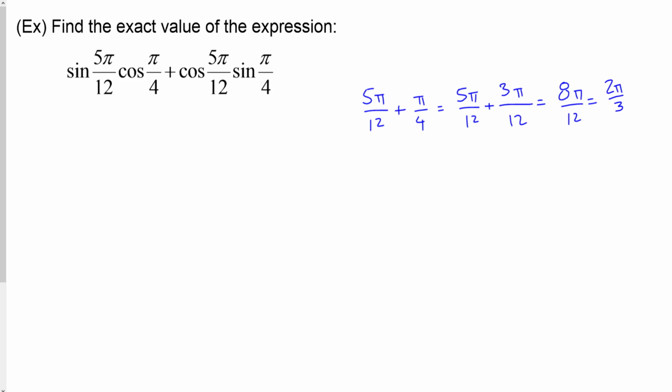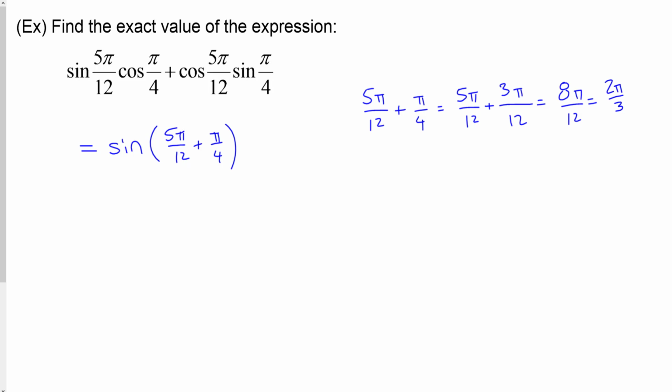Now, the form of this, sine of an angle times the cosine of a different angle plus cosine of the first times sine of the second, that is the form of our sine of a sum of angles. So we can say here that this thing right here is equal to the sine of the sum of 5 pi over 12 plus pi over 4.